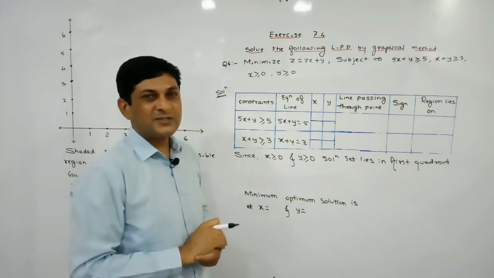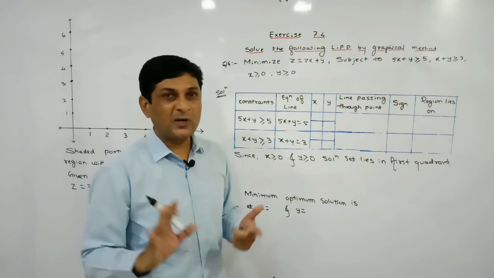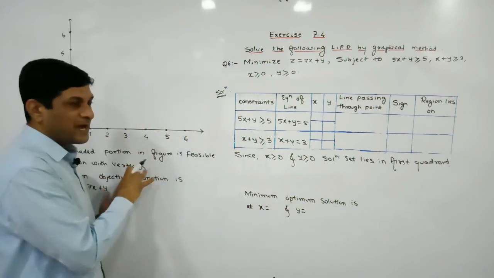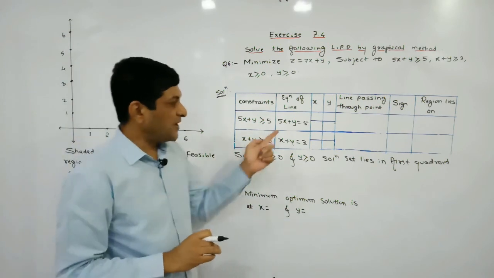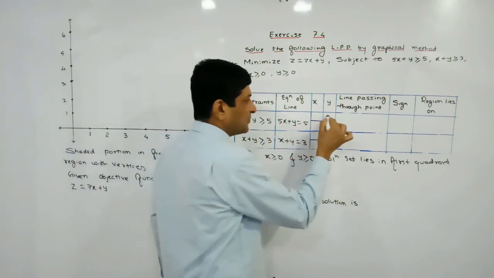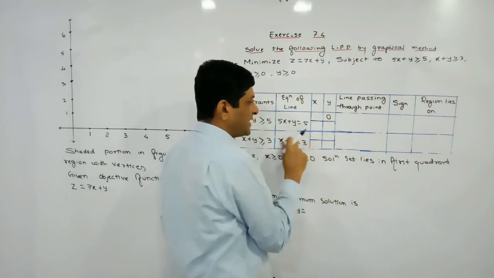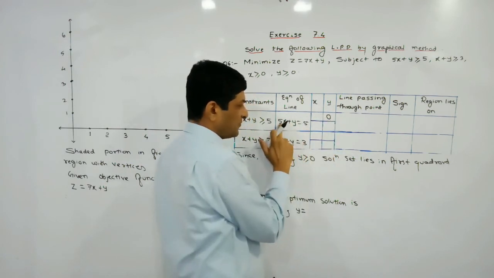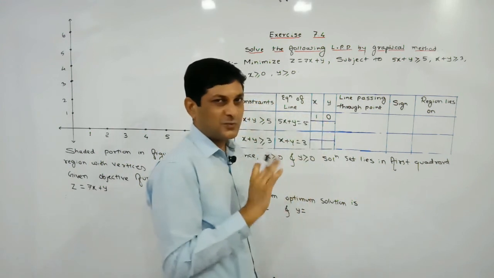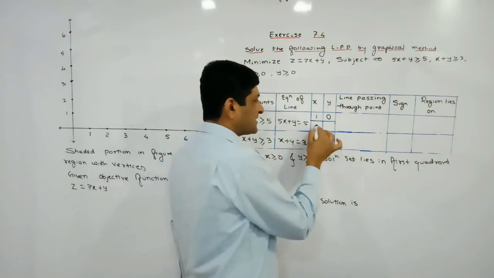So we can conclude that the solution set lies in the first quadrant. Since the method to solve all the examples is exactly the same, some common part I have already written here. Now to find the coordinates of 2 points on this line, first substitute y is equal to 0. If I substitute y is equal to 0, this term will become 0, 5x will be equal to 5. Simplifying it, we will get x is equal to 1. Now substitute x is equal to 0.